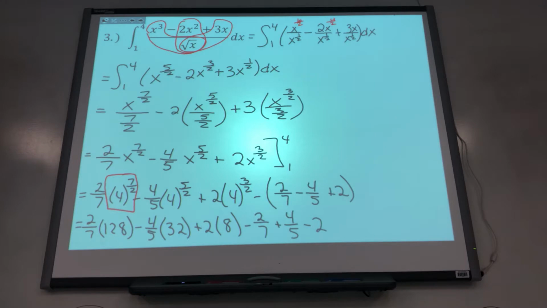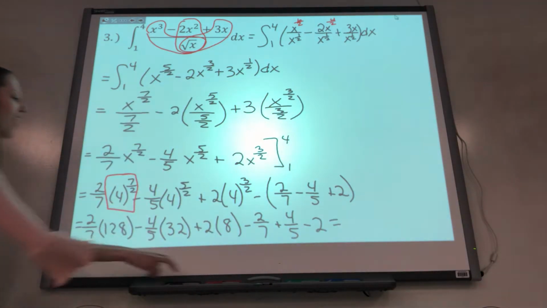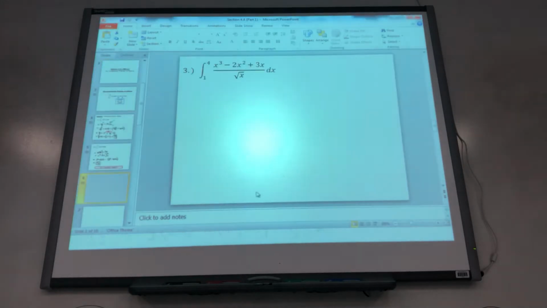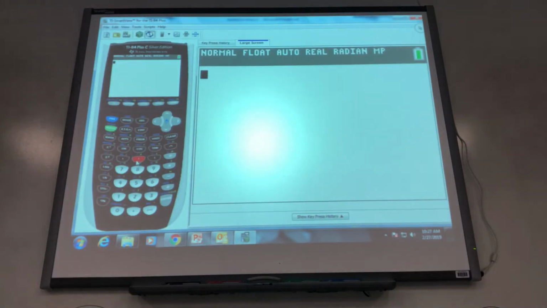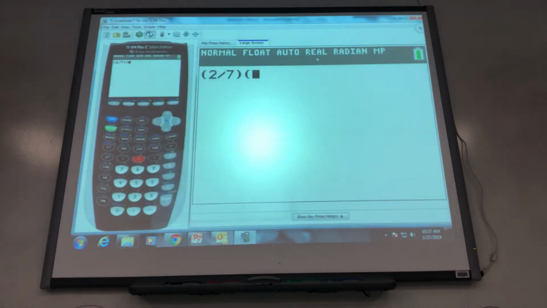Now, I'll go ahead and do all of that on my calculator. You can do it a couple different ways, but I'll put the 2/7 in parentheses so my calculator knows what I'm doing. 2 divided by 7, and then times 128. So there's that.